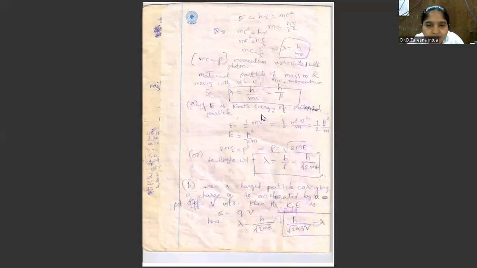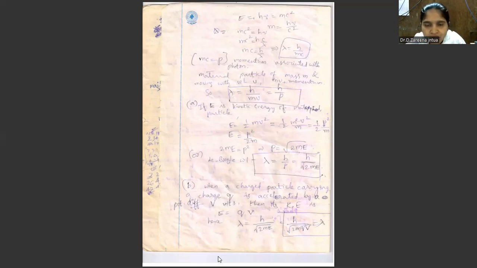Just now we derived that. So when a charged particle carrying a charge q is accelerated by a potential difference of V volts, then its kinetic energy is E is equal to q into V. The material particle's charge is q, let's say the electron charge. V is the potential difference that you have applied.